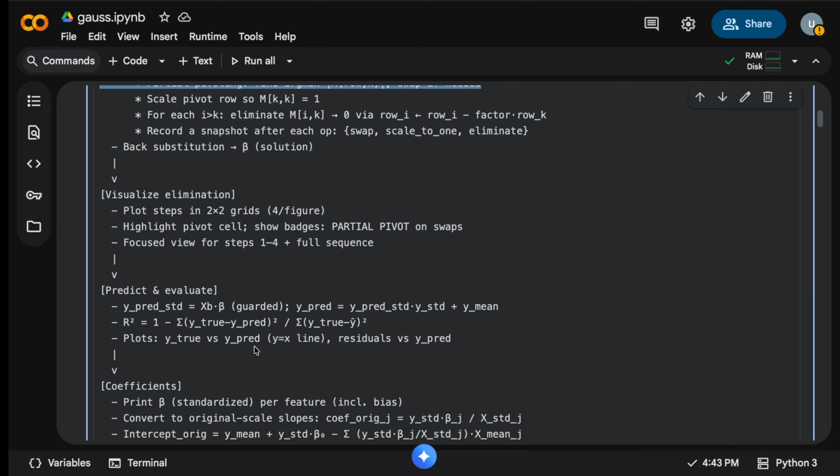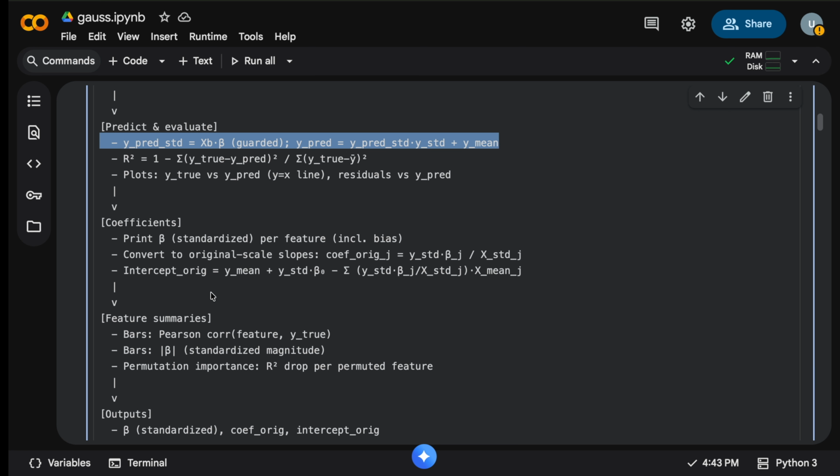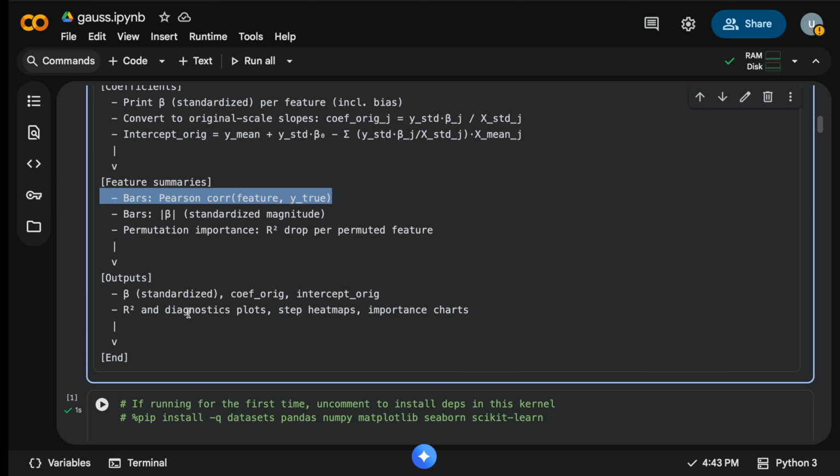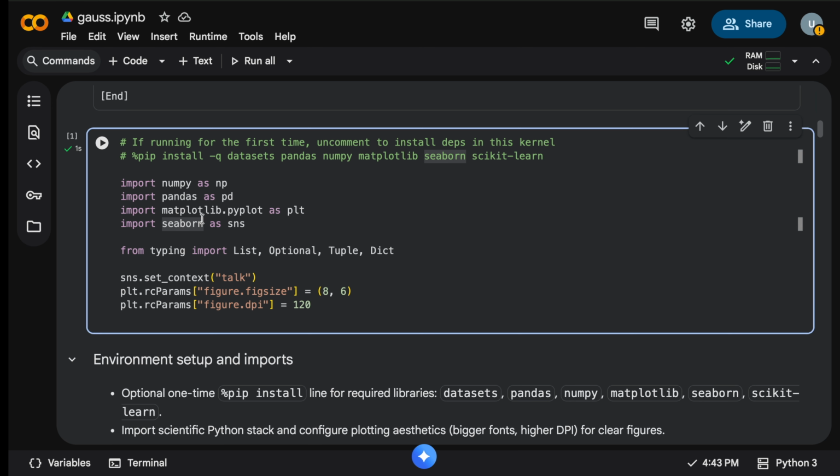We will also visualize some parts to give a better grip on how Gauss elimination works, and at the end we will predict and evaluate, and show the feature summaries. It's important to remember that this problem can also be solved by other algorithms like linear regression. We are taking this opportunity to use the Gauss elimination method.